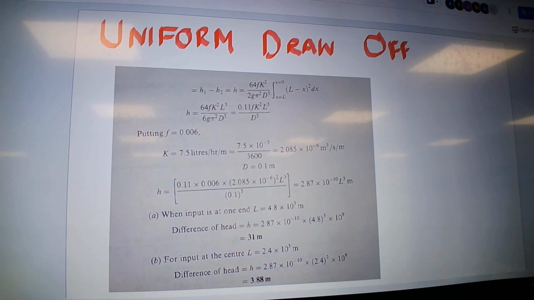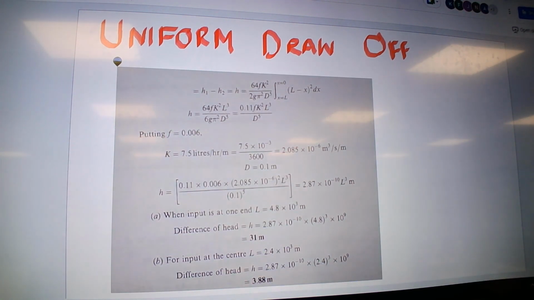Now if we want to find out the H, we just put all the values in the calculator. Again, we are going to use the integration.